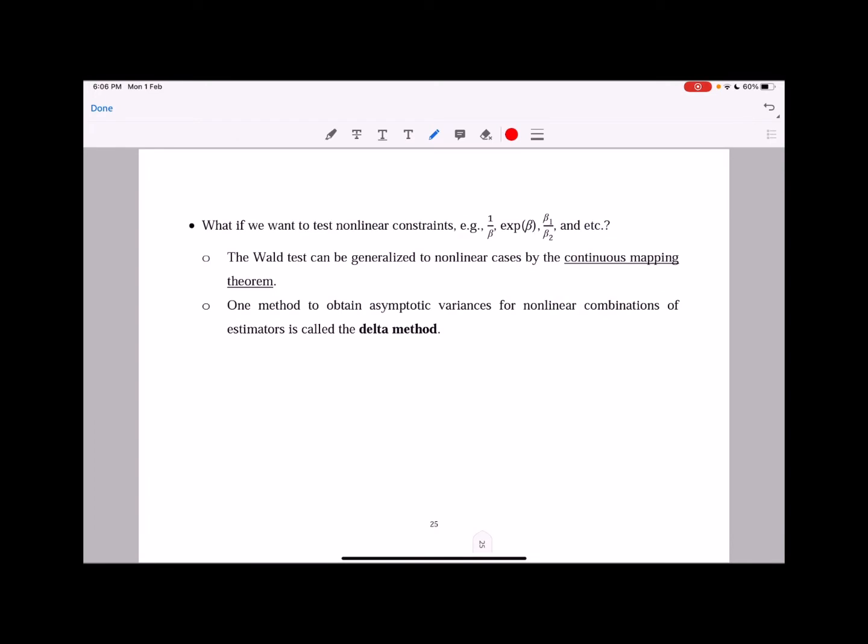But what if we want to test nonlinear restrictions like 1 over beta, or beta 1 over beta 2? The Wald test can actually be generalized to nonlinear cases using the continuous mapping theorem. But to do so, first of all, we need to get the asymptotic variance for the nonlinear combination. The method is called the delta method.